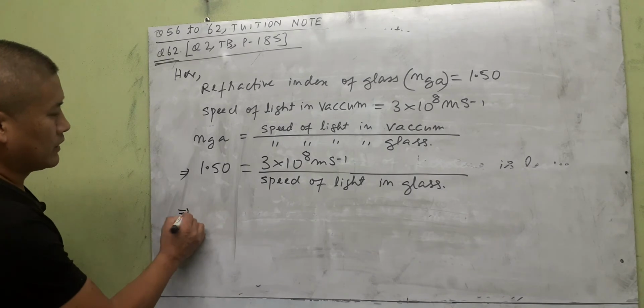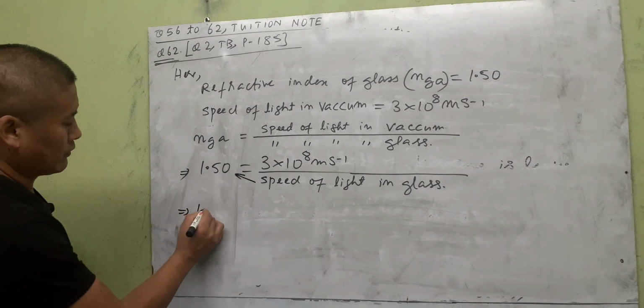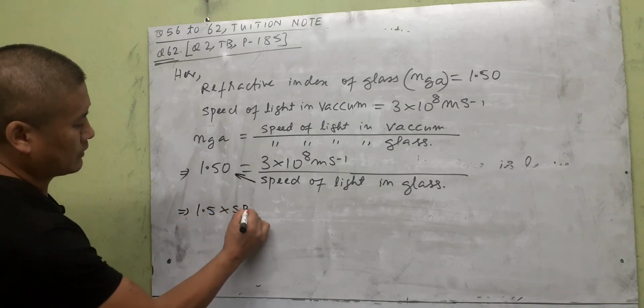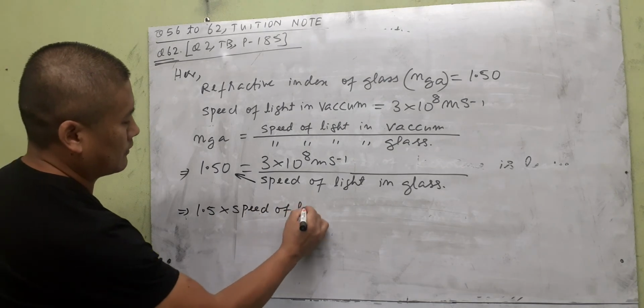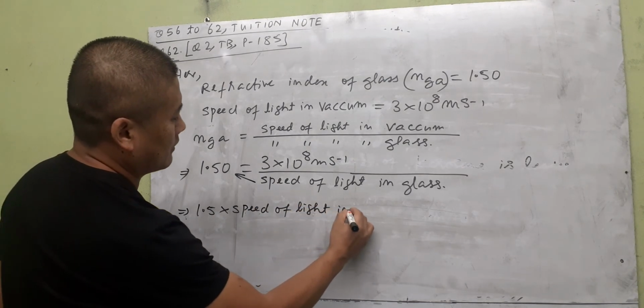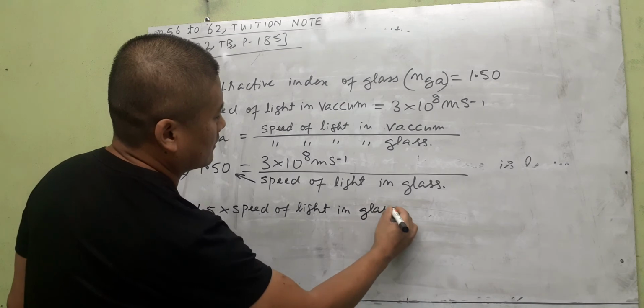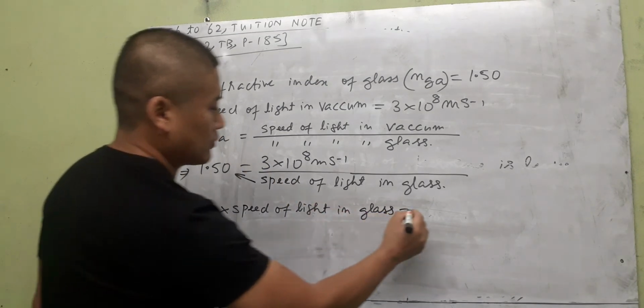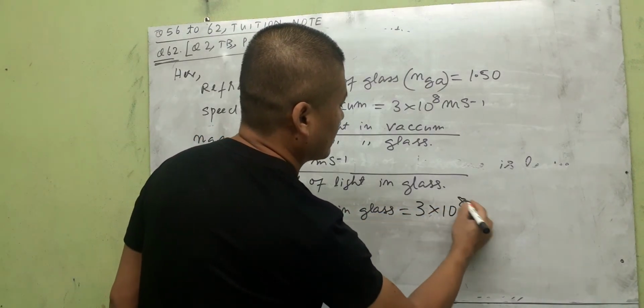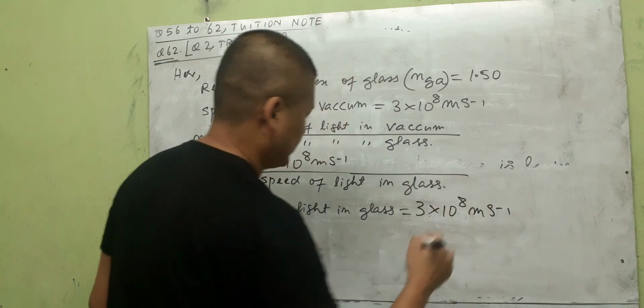If you cross multiply, you'll get 1.5 into the speed of light in glass is equal to 3 into 10 to the power 8 meter per second.